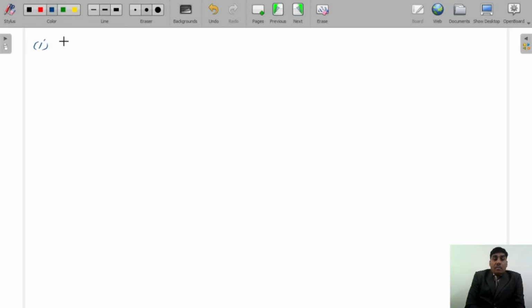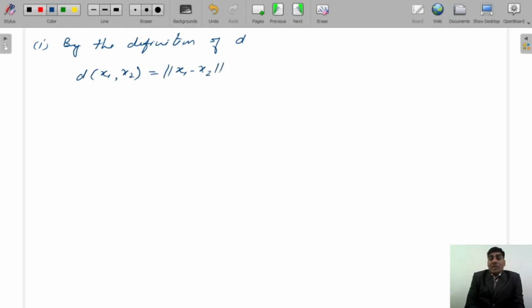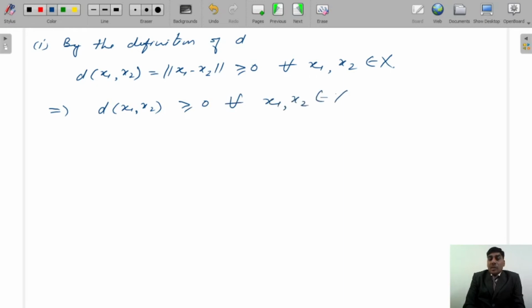First, by the definition of d, d(x1, x2) is equal to norm of x1 minus x2, which is always greater than or equal to 0 for every x1, x2 belongs to capital X. This implies d(x1, x2) is greater than or equal to 0 for every x1, x2 belongs to capital X. Again, if d(x1, x2) is equal to 0, this implies norm of x1 minus x2 is equal to 0.